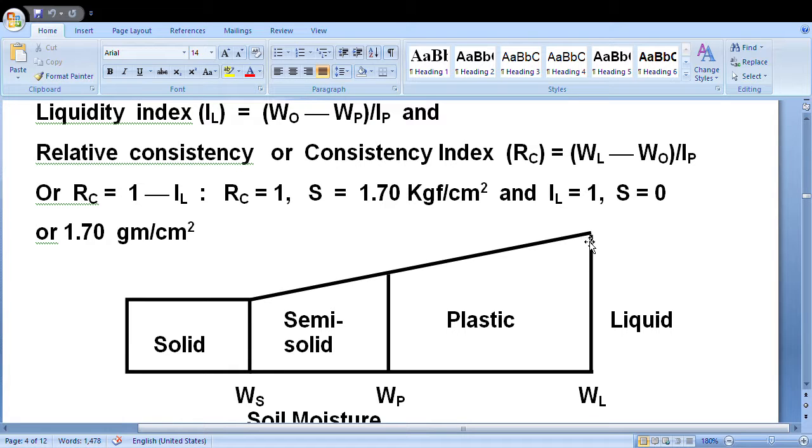And when the soil moisture is at the liquid limit, shear strength is almost 0, or 1.7 gram per square centimeter. 1.7 gram and 1.7 kg: what is the difference? It is kg versus gram, thousands of times difference. With a slight variation of soil moisture, the strength can vary thousands of times.